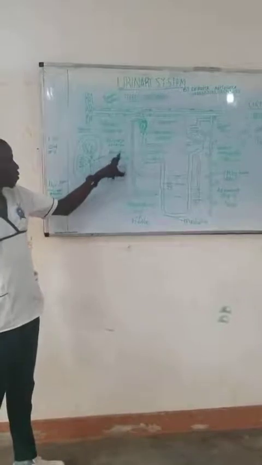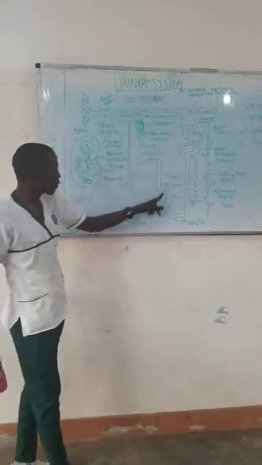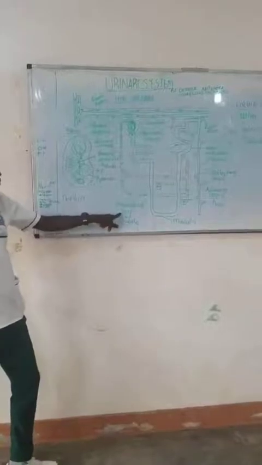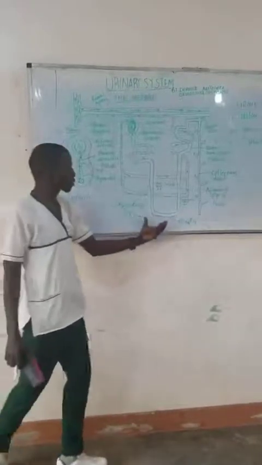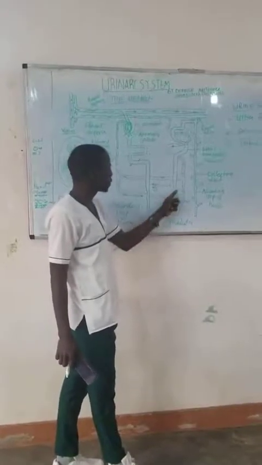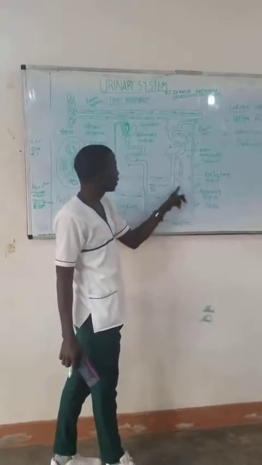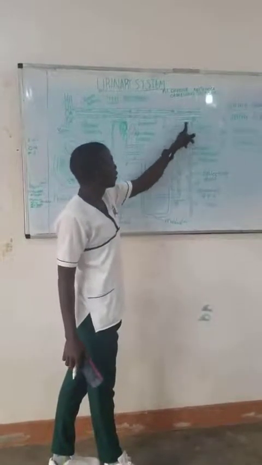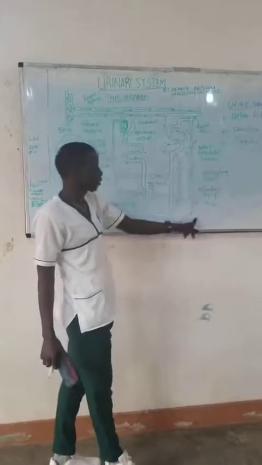This proximal convoluted tubule descends down as the descending loop of Henle. From the descending loop of Henle, it enters the medulla. Then from the medulla we have the ascending loop of Henle, then the distal convoluted tubule, then the collecting duct.